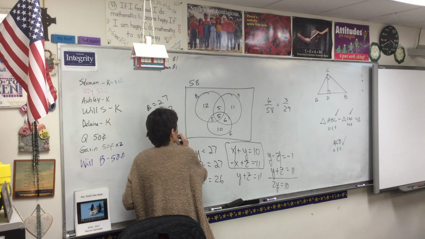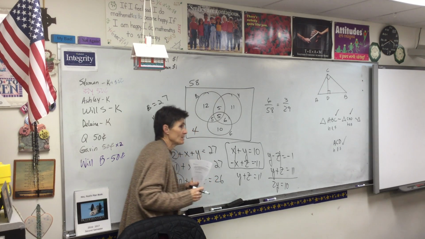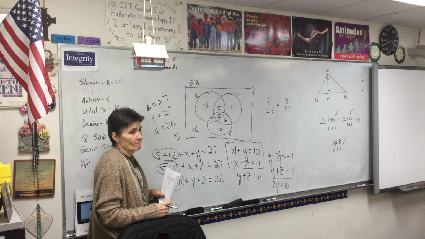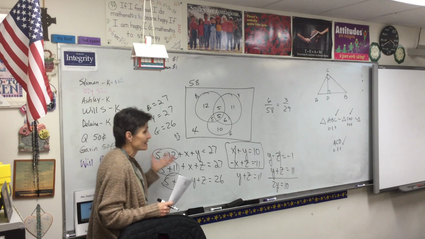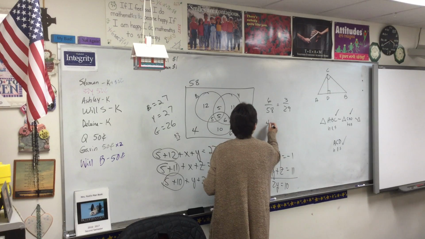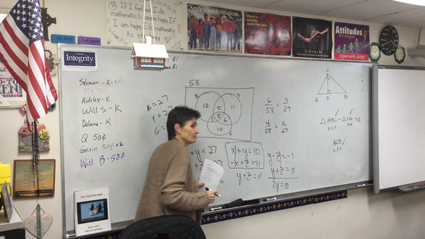What is it? 37 and 17, 54. So did you get 4 people out here? So then the probability of picking someone who doesn't like any of those colors would be 4 58ths, which is 2 29ths.